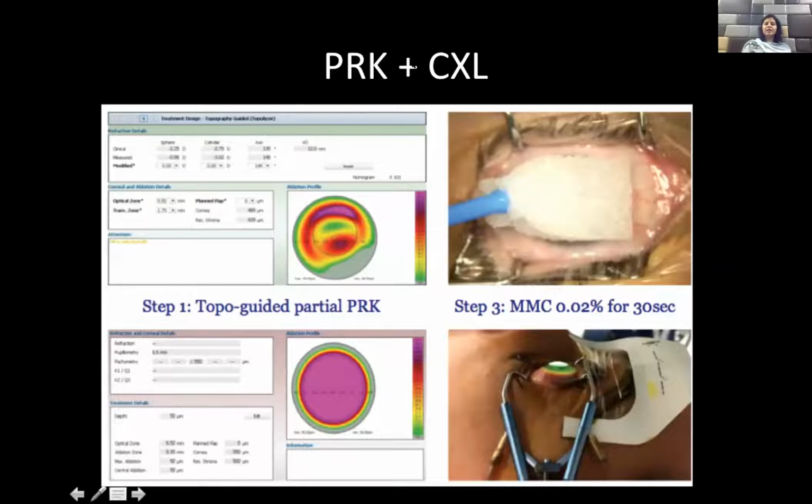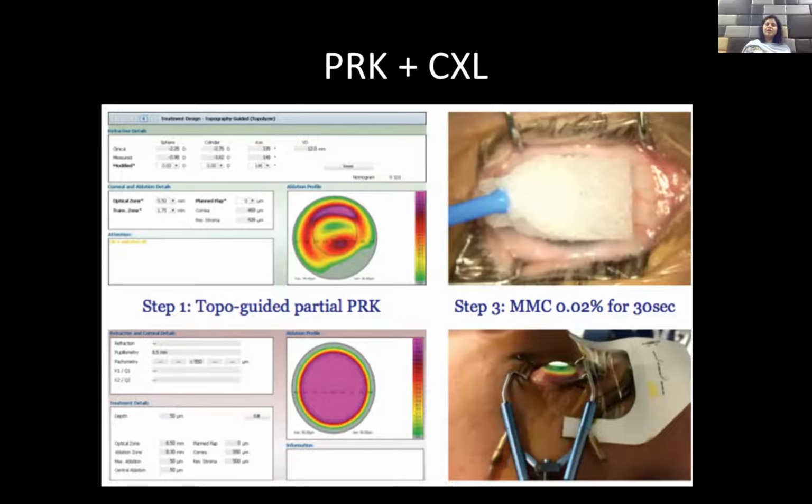Now the other modality is a PRK with collagen cross-linking. Essentially, don't think the PRK is to correct the entire refractive error. The PRK is only done so that you can remove some part of the cylinder. So if the patient's refraction is, say, -4 sphere and -4 cylinder, you do not touch the -4 sphere. You would only target the cylinder, and you remove that much amount of cylinder. And then over that, you do the collagen cross-linking.